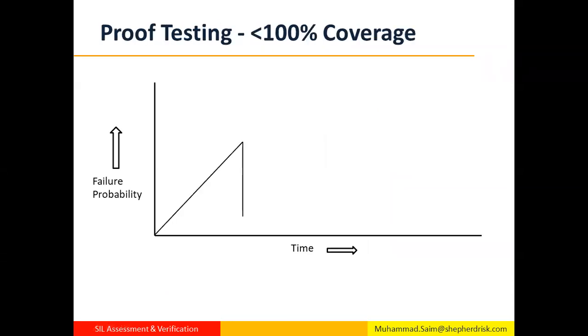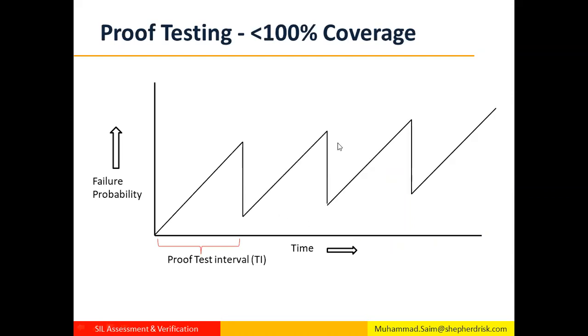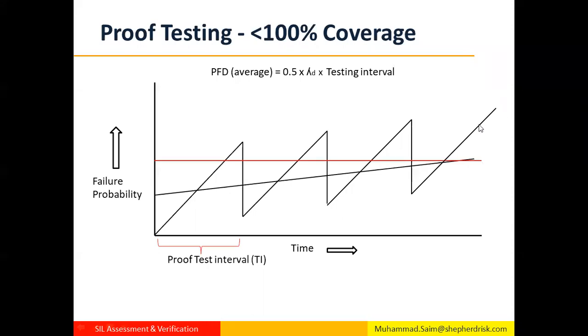So in the ball pit example, with time, the PFD keeps increasing. And so does the average PFD, that is 0.5 lambda D times test interval, keeps increasing with time until the average PFD exceeds our target PFD.